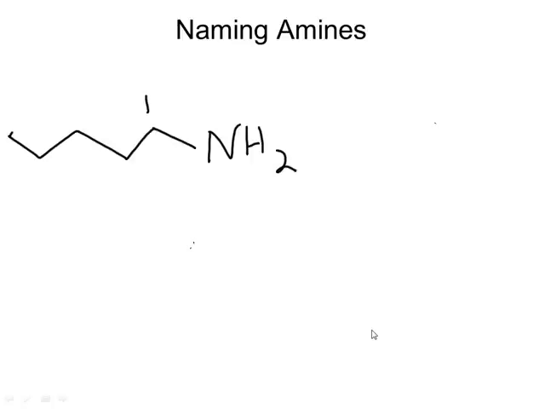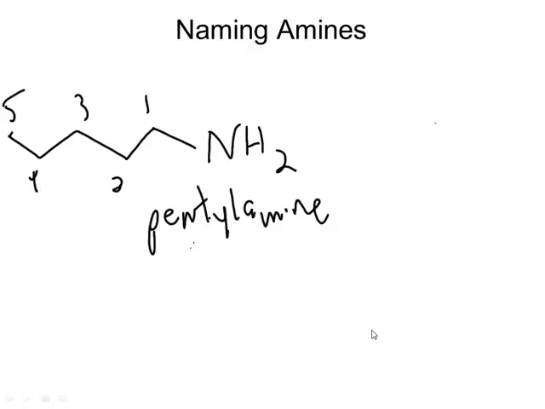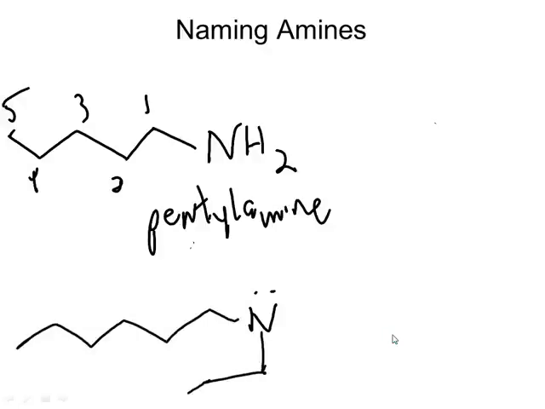So let's do another one here. So this is 1, 2, 3, 4, 5. So this is just pentylamine, right? If I did something like this, so we look at the groups.